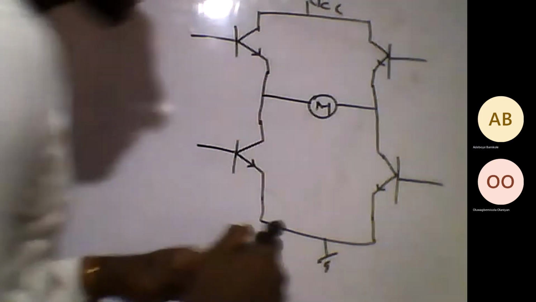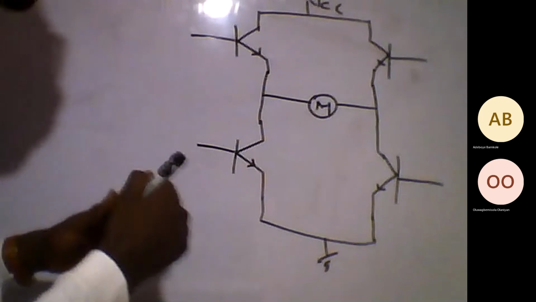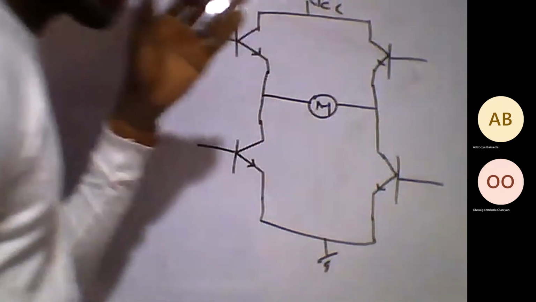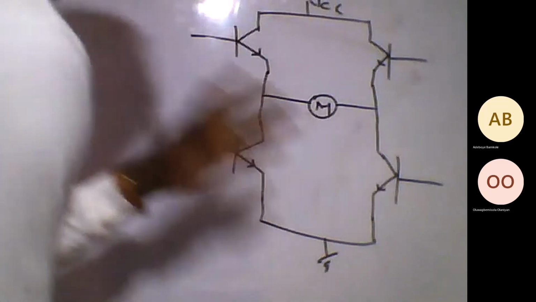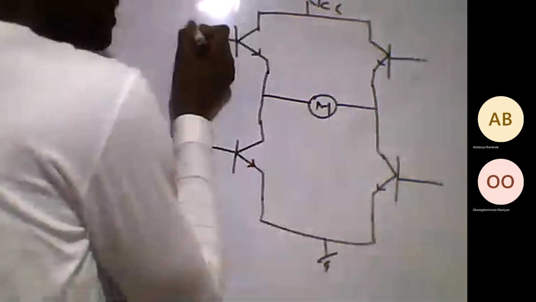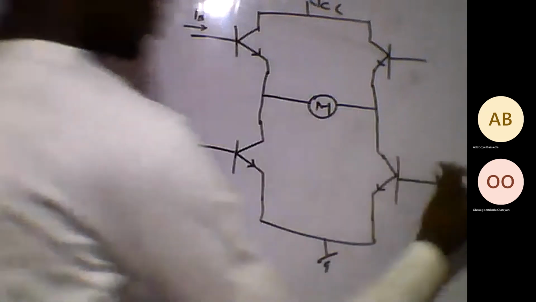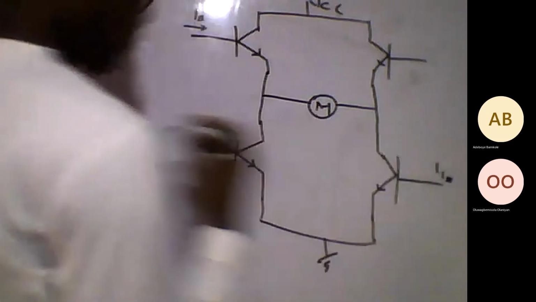So the way this operates is to open 2 alternate transistors at the same time. Remember your alternate angles, right? To open 2 alternate transistors at the same time. Let's go. If I put in a base current IB here, and a base current IB here, what happens?